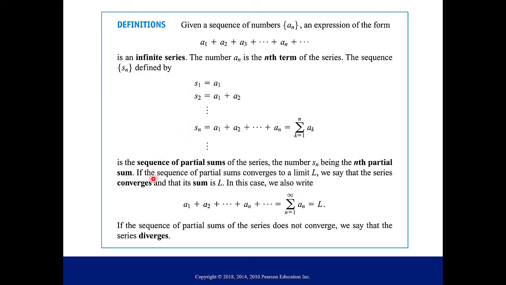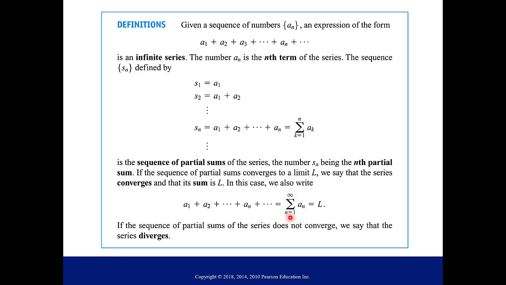Okay, and then down here we also have this fact. If the sequence of partial sums converges to some limit, then we can say that that series converges. And that when you add up the terms, you get L. You get this limit. And so notice what this is saying right here.